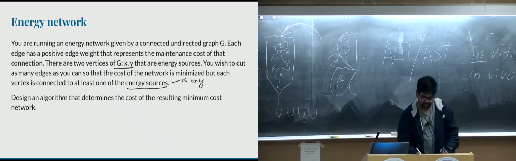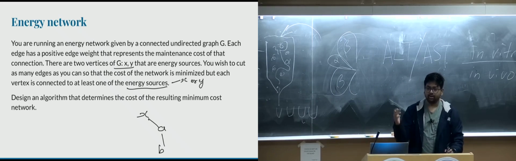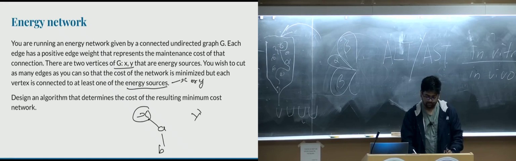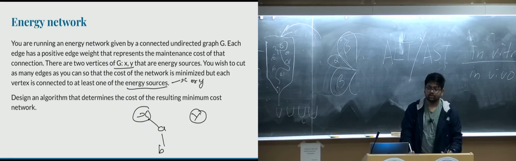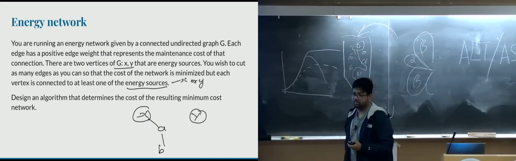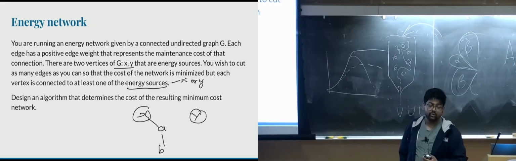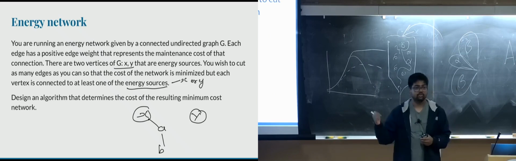So what I mean by that is, let's say there is X here, you can have A and then B. Both A and B are connected to X. So what you want is that every vertex is either connected to X or Y. So think about how you can modify your graph, and then maybe run some MST algorithm, maybe Prim's or Kruskal on that, which maintains the property, and it will also give you a minimum spanning tree for this solution.